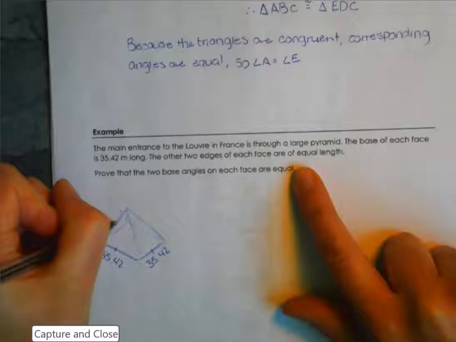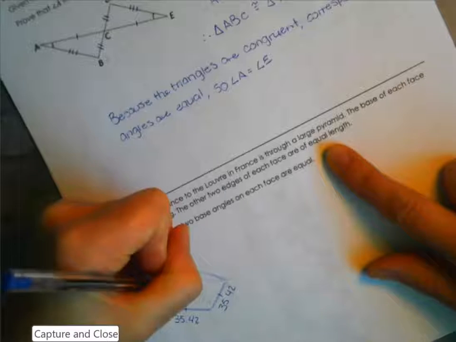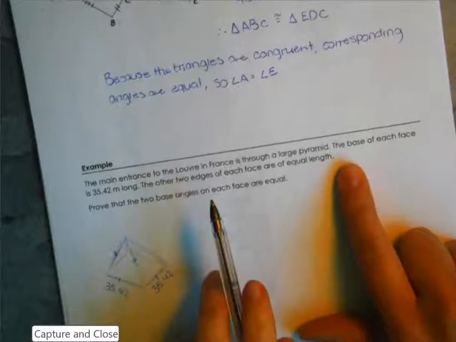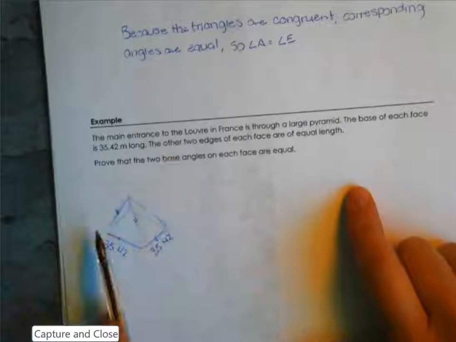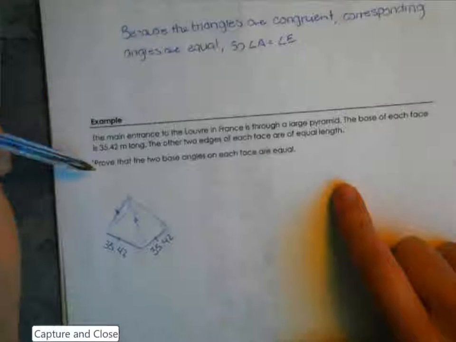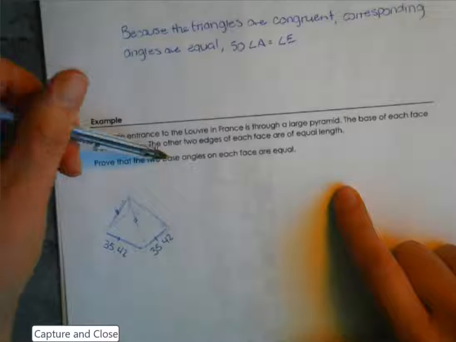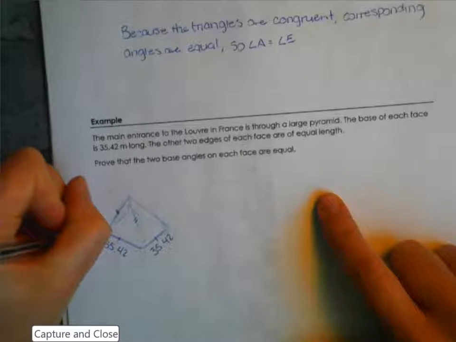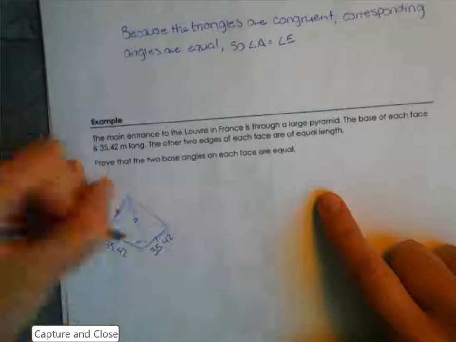Now this is worded a little bit awkwardly, because you might think that means they're of equal length to the bottom. But I believe what they're actually trying to say is that these two sides are of equal length. And what they're asking us to do is prove that the two base angles on each face are equal. So basically that this angle would be equal to that angle, right?